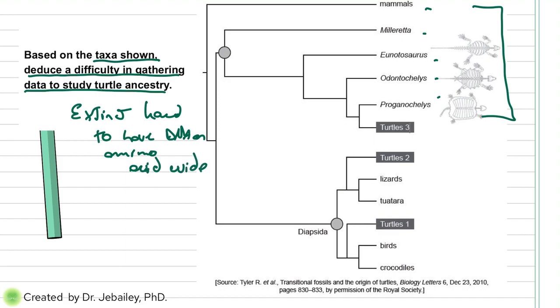That will be the first thing I'll write. The second thing that we can see here is that we probably made mistakes about turtle 3, since we don't have enough information. Turtle 3 is kind of vague in the way we put it in the clade. So I would say turtle 3 is not 100% accurate, and we don't have enough data to do it. That will be one of the reasons why it's very difficult to gather the information.